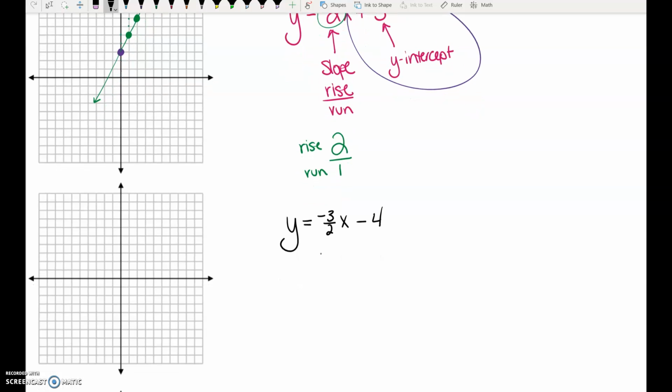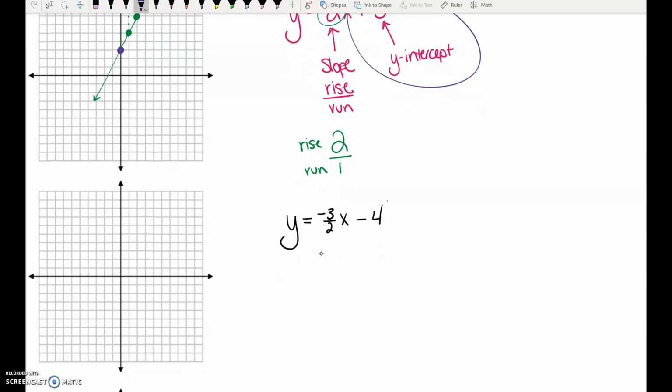Okay, so once again, the number that's by itself, this is where we begin. This is where we start on the y-axis. So we're going to go to negative 4. Then we're going to use our slope of negative 3 halves. Negative 3 halves means we're going to rise negative 3.